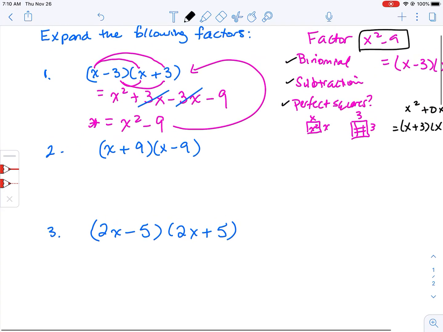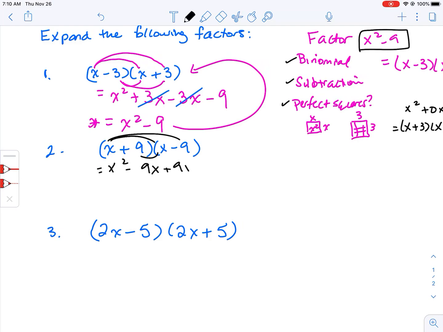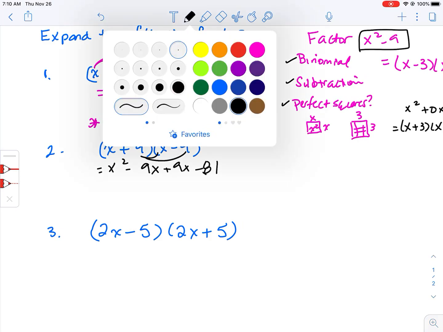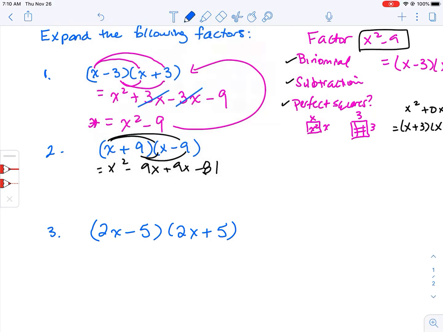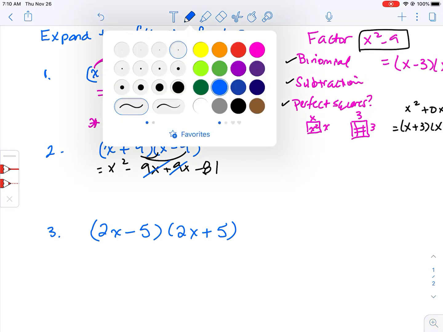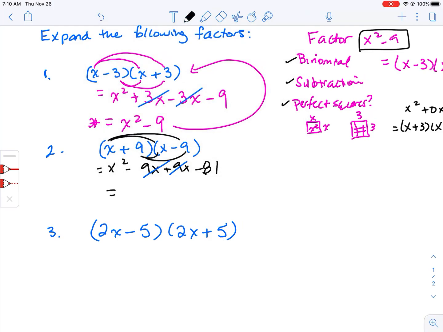Let's expand x plus 9 times x minus 9. If I expand that, we get x squared minus 9x plus 9x minus 81. The two middle terms here, they of course cancel. And we end up in the end here with x squared minus 81.